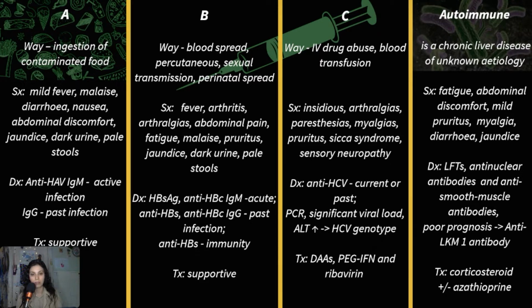And diagnosis is anti-HAV immunoglobulin M if it's an active infection, and if it's a past infection, it's anti-HAV immunoglobulin G. There is no specific treatment, just supportive, so this patient has to rest, follow a fat-free diet, and avoid alcohol, smoking, and hepatotoxic drugs.